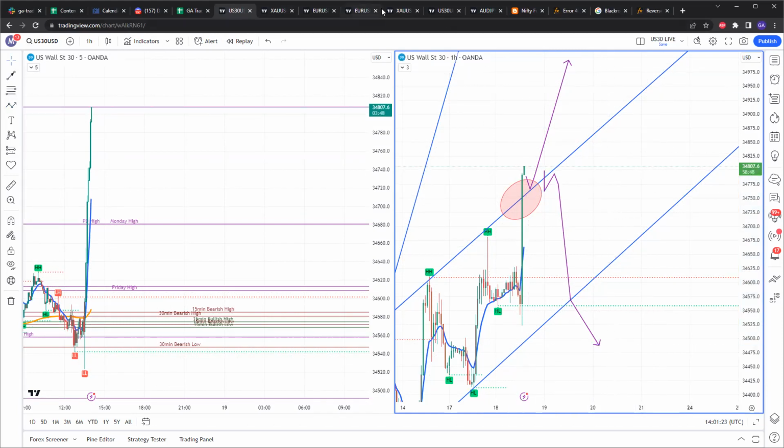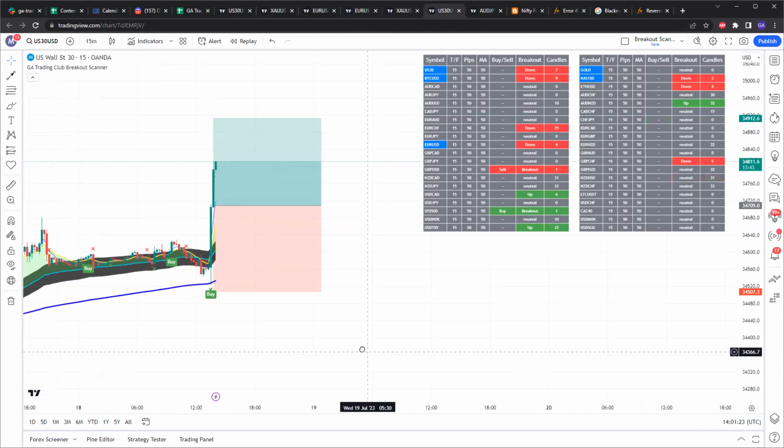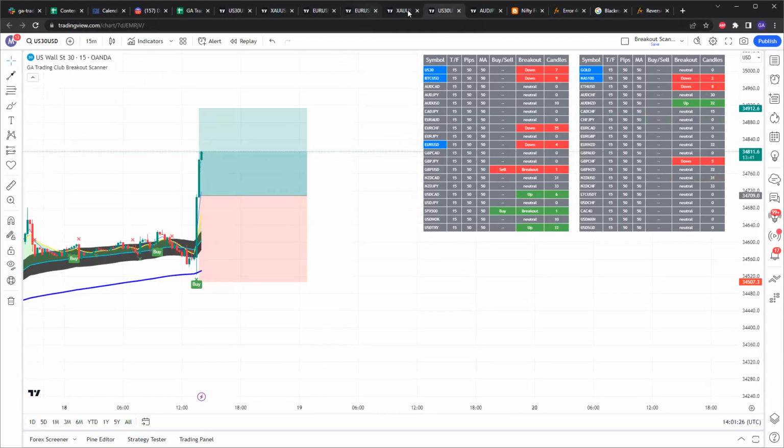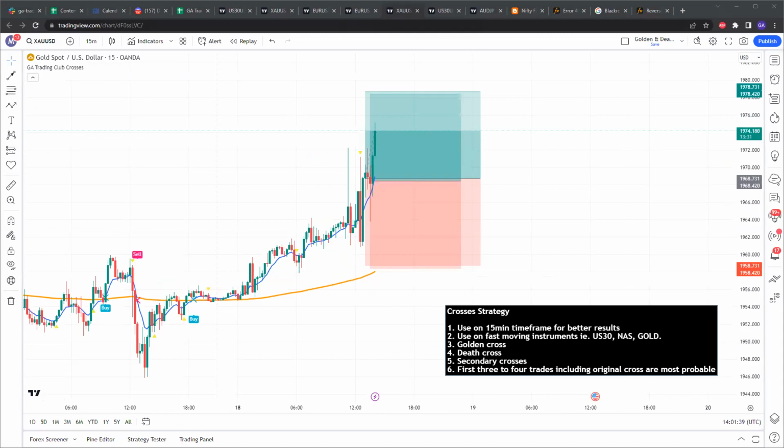I do take fewer trades nowadays, but waiting for these confirmations gives you such a high probability. We missed this entry on US 30, but luckily we are up. Did anybody enter this buy on gold? We are up nicely on this gold buy.